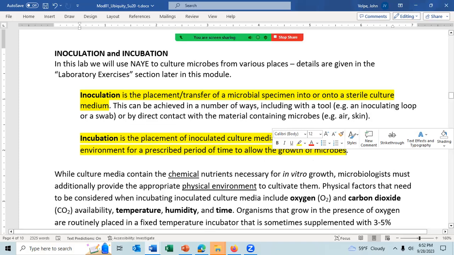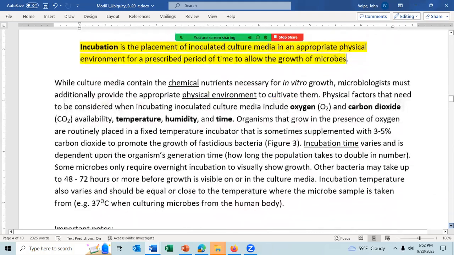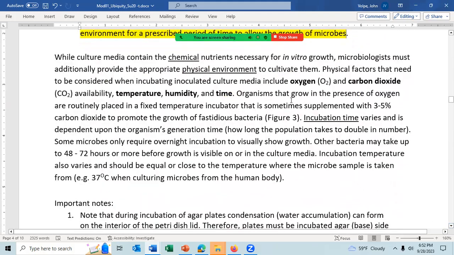You can have more complicated incubators that can control the amount of oxygen, the amount of carbon dioxide, as well as the temperature, the humidity, and then the time. So we have more simple incubators. They only control the time. You decide how long to grow it. It will control the humidity and then the temperature.